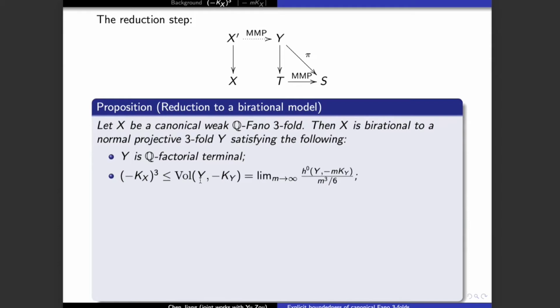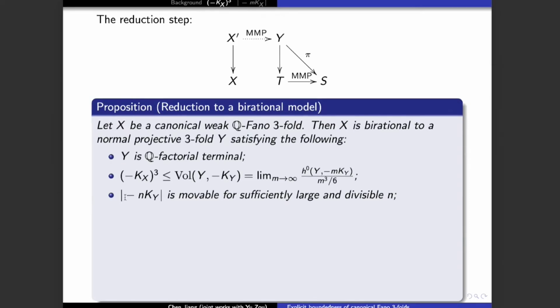From this condition, you can see that in order to bound the volume of minus K_X, we only need to bound the volume of minus K_Y. And the third property is that by changing the model, we don't have the condition that Y is Fano anymore, but somehow it's not so bad.